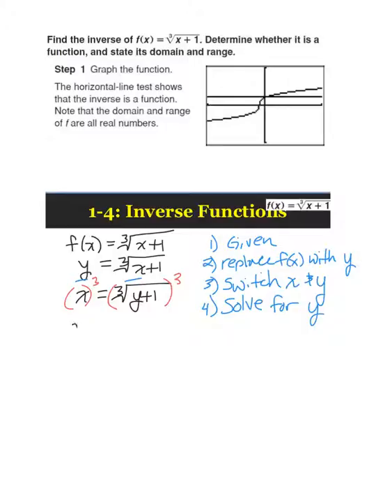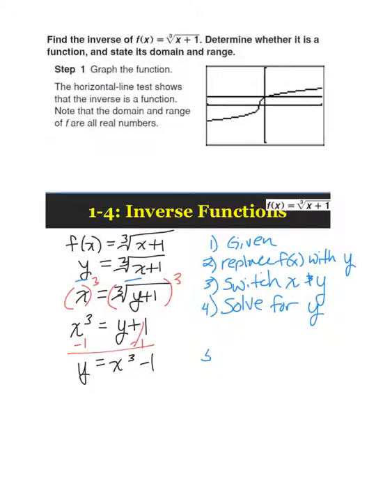So I get x cubed equals, a cube root raised to its same exponent gives you just what's underneath the radical. And then to solve for y, all I have to do is subtract 1, and I get y equals x cubed minus 1.